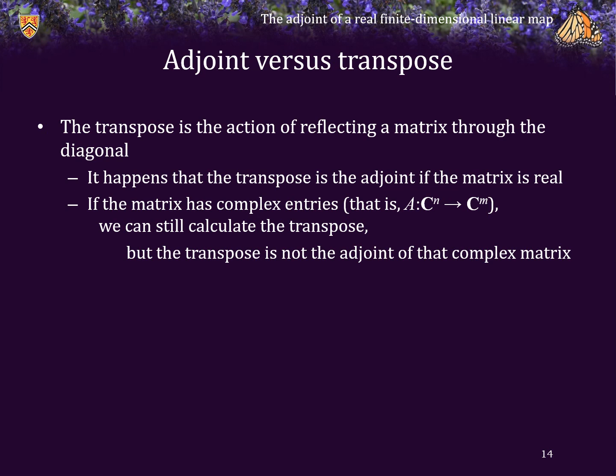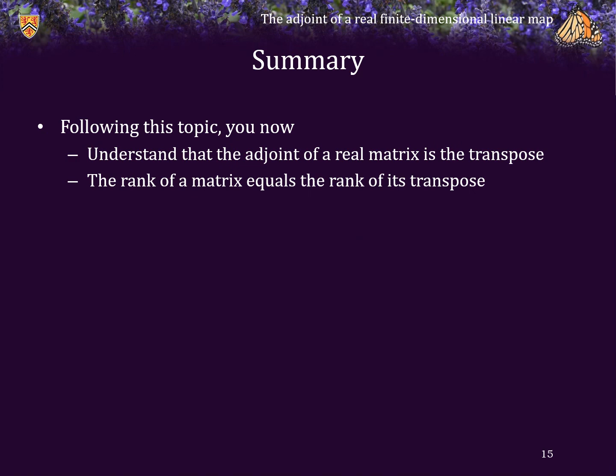That is a topic for the next set of slides. So, following this topic, you now understand that the adjoint of a real matrix is the transpose of that matrix, and that the rank of the matrix equals the rank of its transpose.